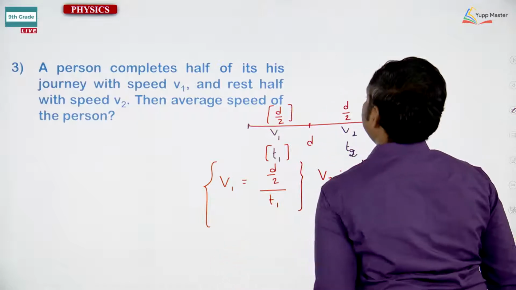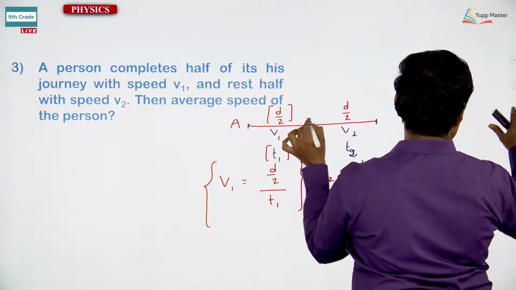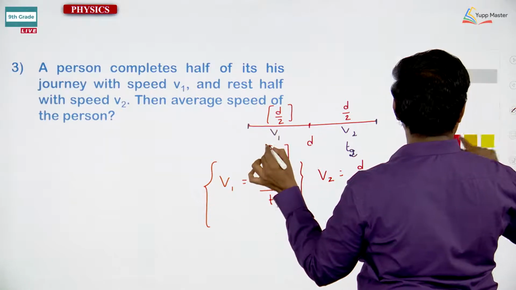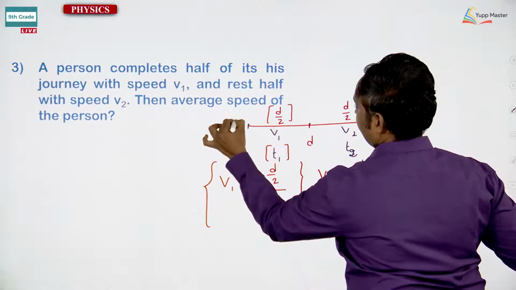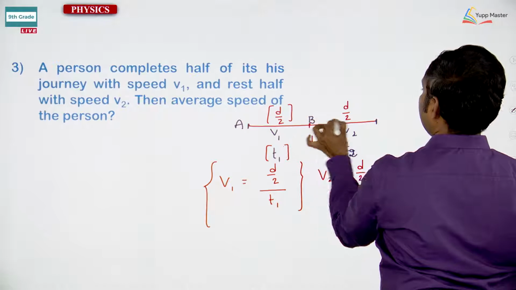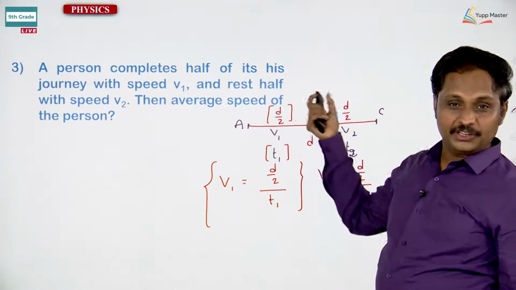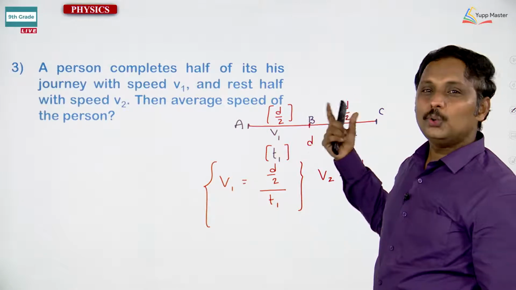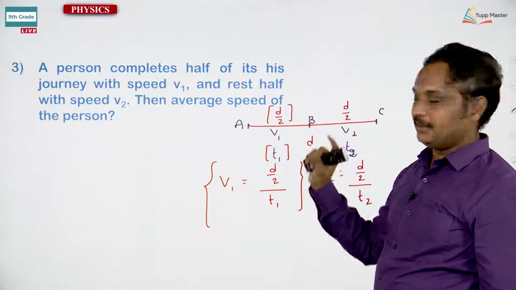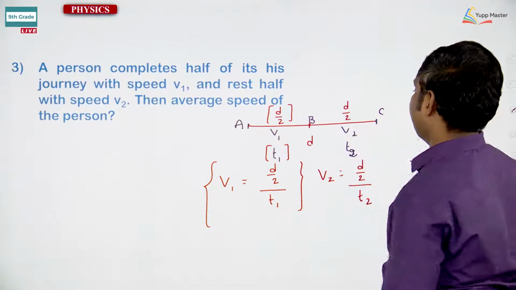You can represent different colors. This is A, B and C. Let us assume to cover the distance AB, and to cover the distance BC. Half of the distance AB and BC are covered at the speeds V1 and V2.